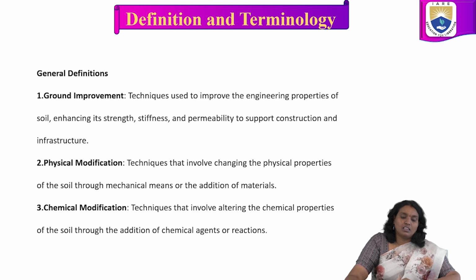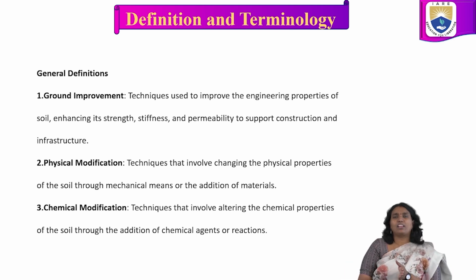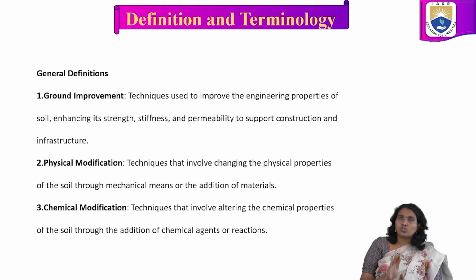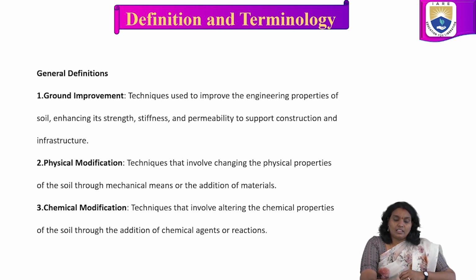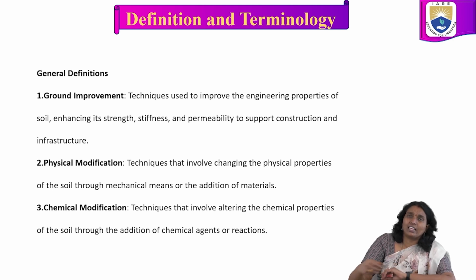In ground improvement generally, we use different kinds of techniques to improve the engineering properties of the soil, enhancing its stability, strength and permeability to support construction and infrastructure projects.